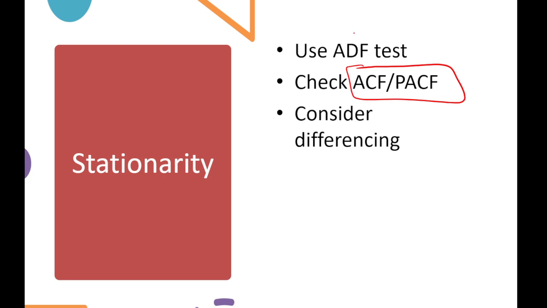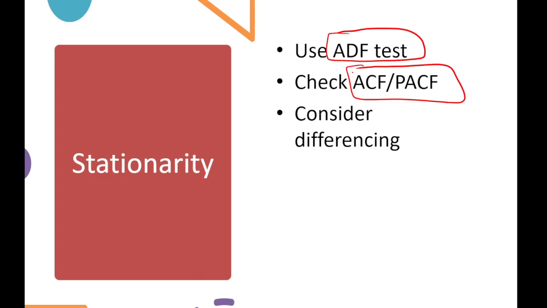But there's a better way to test or check for non-stationarity, which is to do an ADF test, which is a hypothesis test. It's called the Dickey-Fuller test or augmented Dickey-Fuller test. It's something I have also taught in my time series course, so you can check that out.